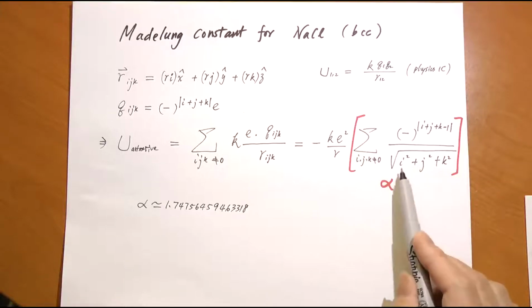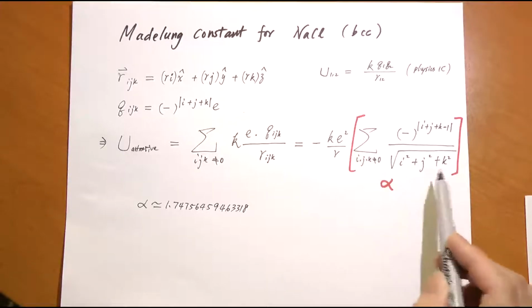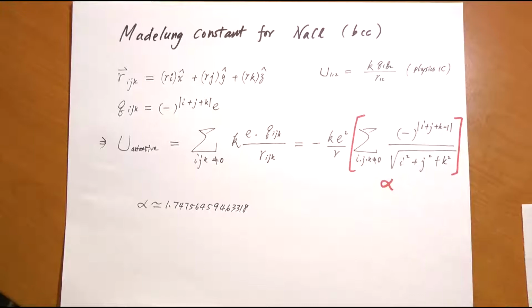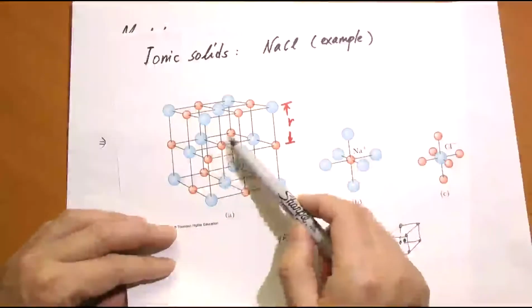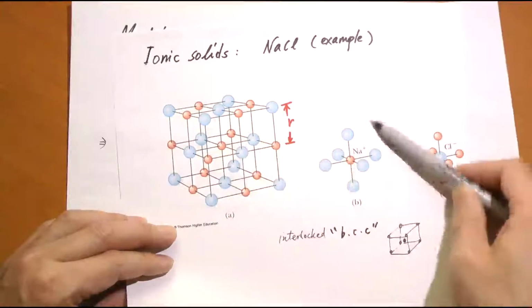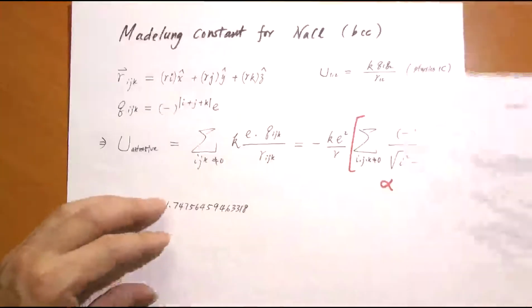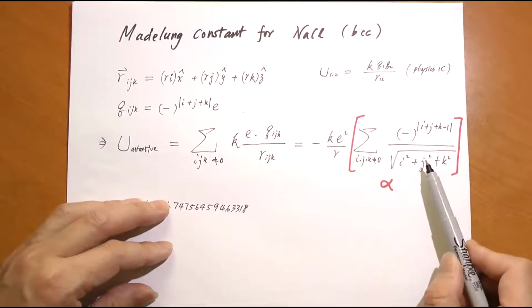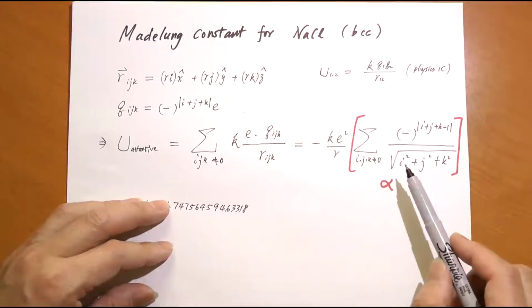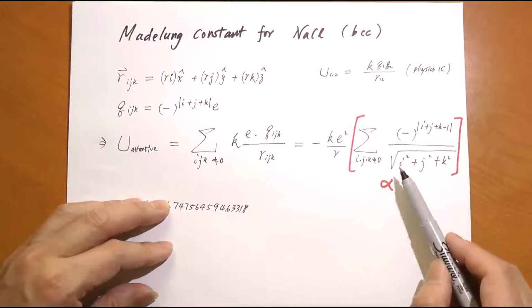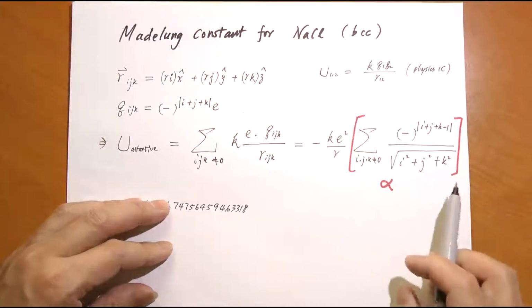If you try to add from small values, say i equal to 0, i equal to 1, j equal to 0, basically what you do is start from the immediate neighbors, the nearest immediate neighbor, and expand gradually out from the center. You find this sum, which we call alpha, will change very slowly. In other words, this infinite series does not converge rapidly.